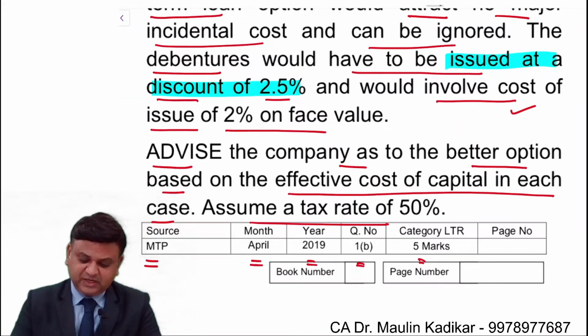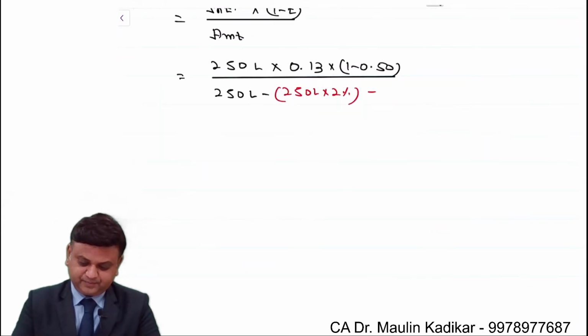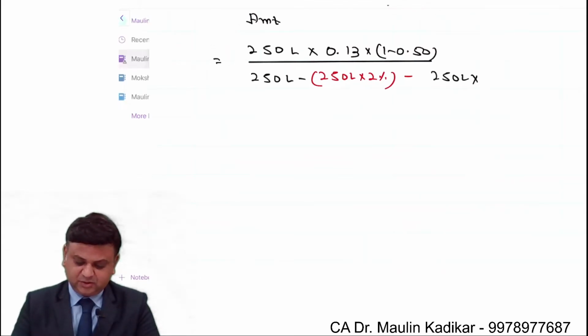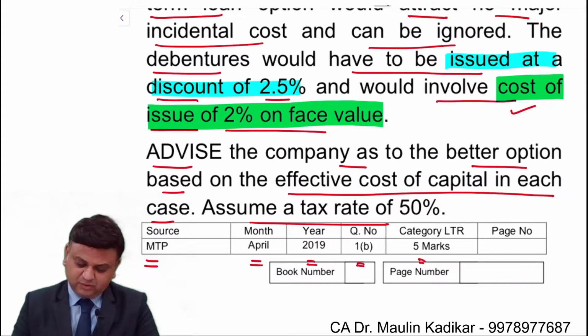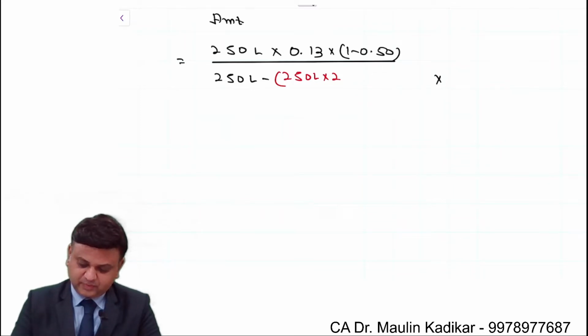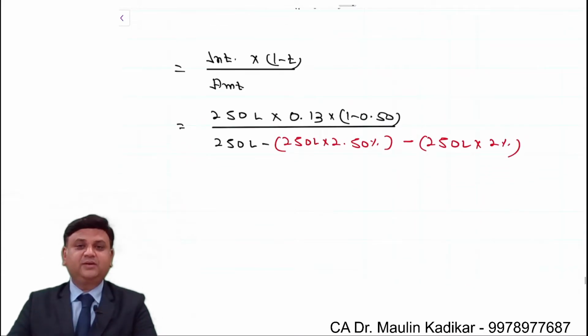And a good clarification is made that the flotation cost is 2% of the face value, because many times you are required to make an assumption. So 250 lakhs into 2.5%, I'm sorry, this is 2.5%, minus 250 lakhs into 2%. That is the way we will compute the Kd.